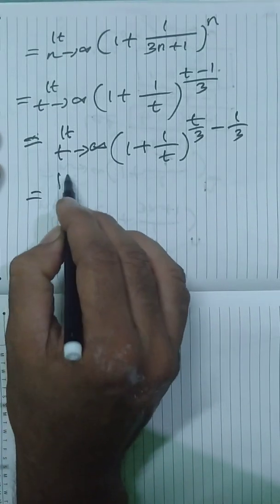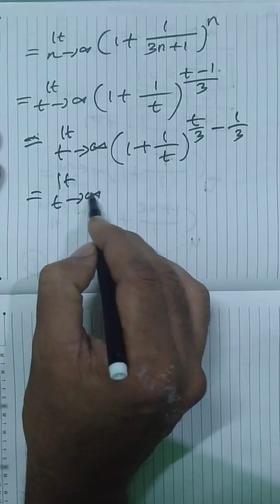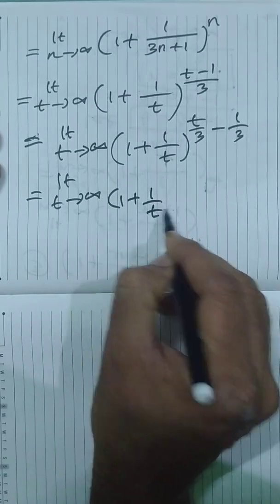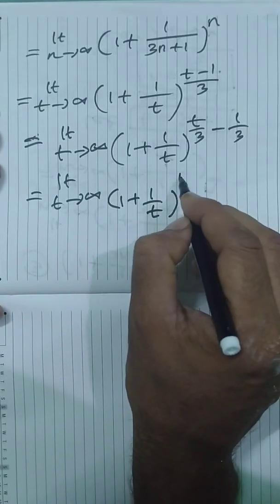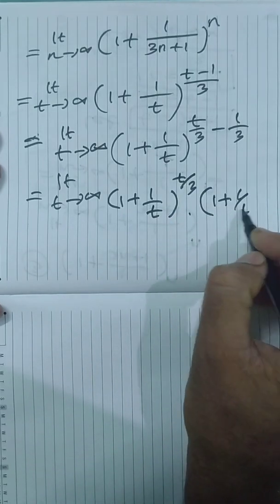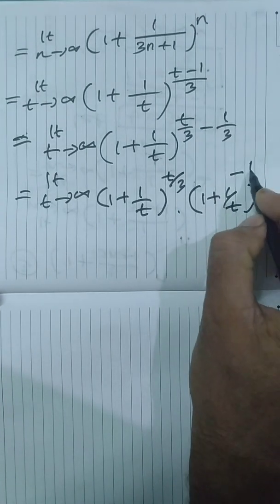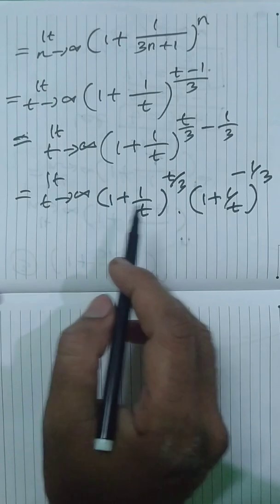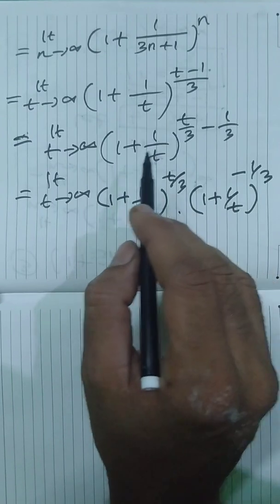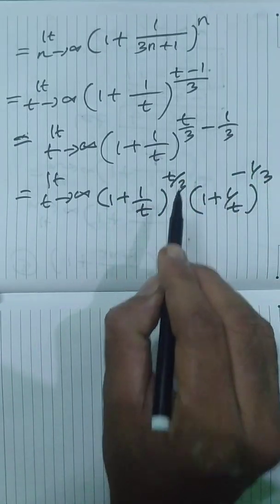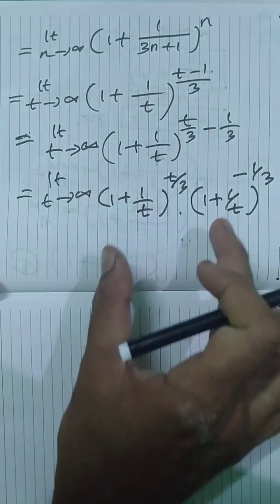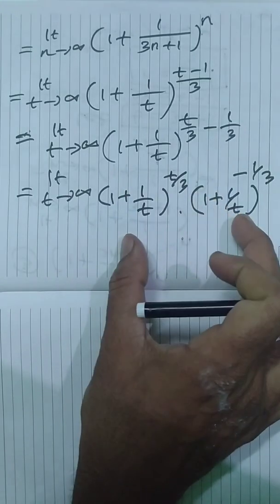Then limit t tends to infinity, (1 plus 1 by t) whole power t by 3 into (1 plus 1 by t) power minus 1 by 3. Because we are using a power m plus n, that formula we know very well: a power m plus n is a power m into a power n. We separate the terms like this.